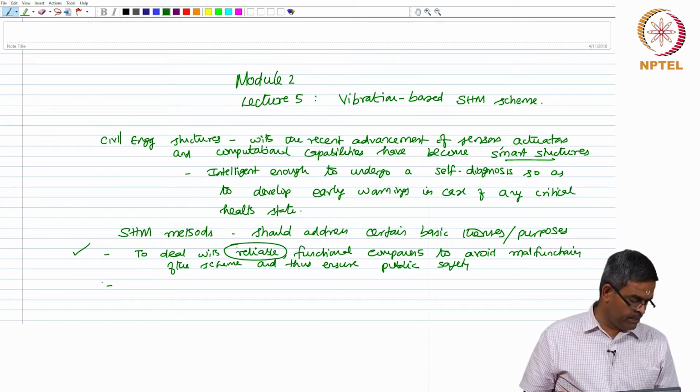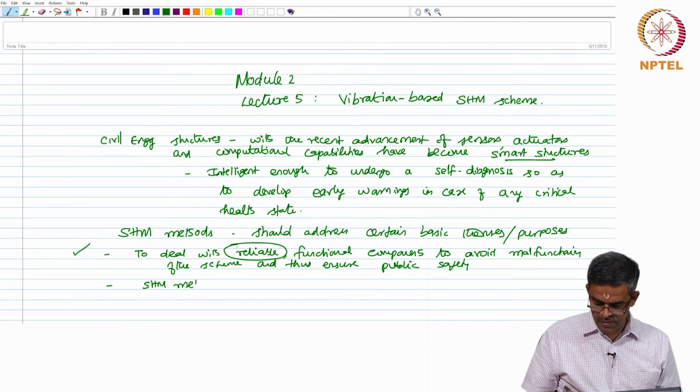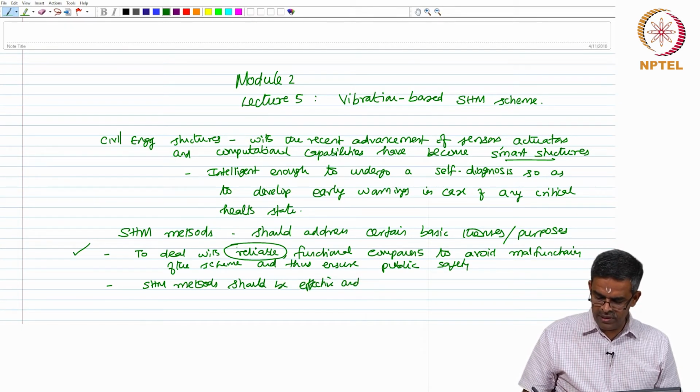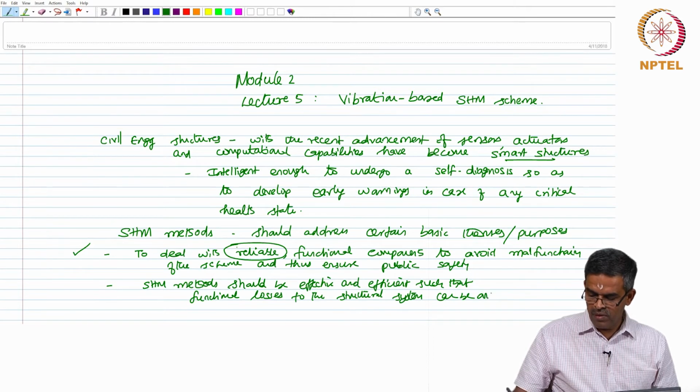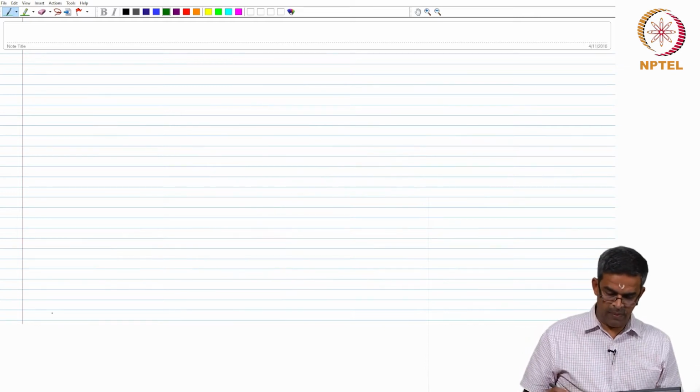The second could be SHM methods should be effective and efficient, such that functional losses to the structural system can be avoided. One may ask a question, how do we get functional loss to a structural system?